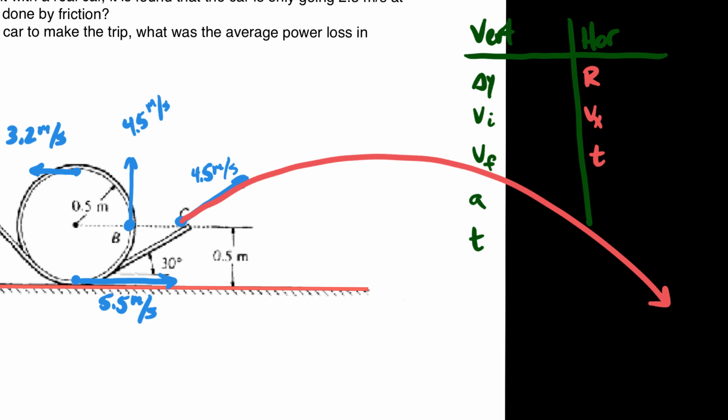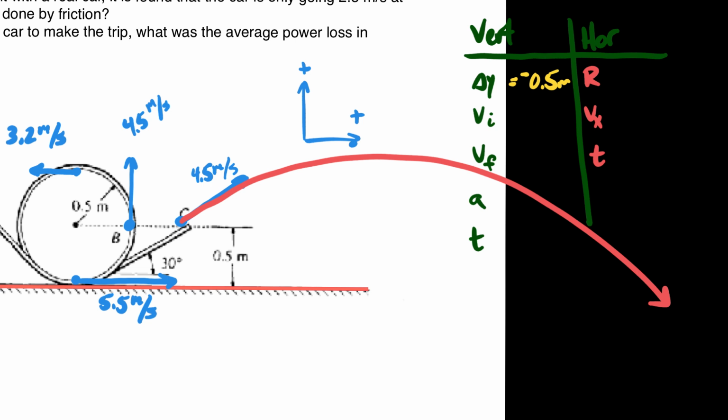Looks like delta y is 0.5 meters. I started here and I'm landing here. I haven't decided what direction is positive or negative yet, but we can go ahead and do that. So Oliver wants us to go ahead and use upwards as positive and to the right as positive. I'm good for that.